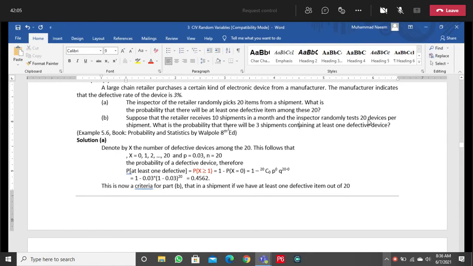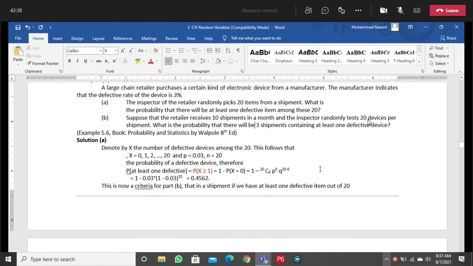What is the probability that 3 shipments contain at least one defective device out of 20? Because in a shipment he is drawing 20 and these 20 contain at least one defective. This means we are finding at least one defective in 3 shipments. This is required.